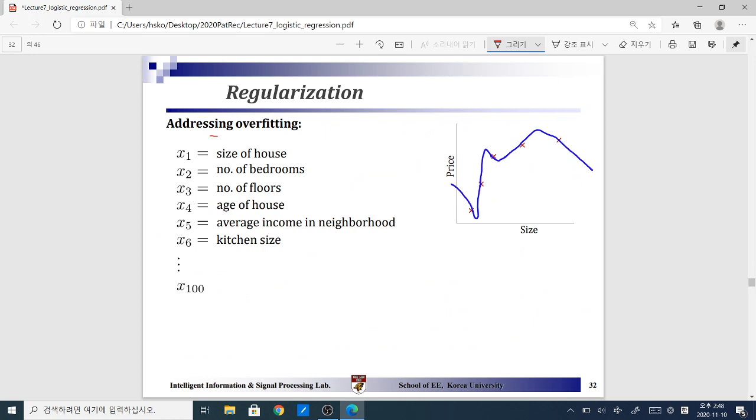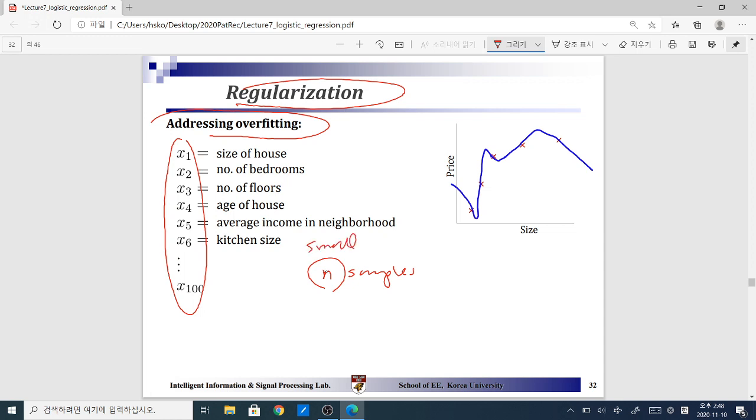To address overfitting, and addressing overfitting is called regularization, for example, we could have many, or high dimensional, data with once again a small n, where n is a very small number of samples, whereas each feature is also high dimensional.